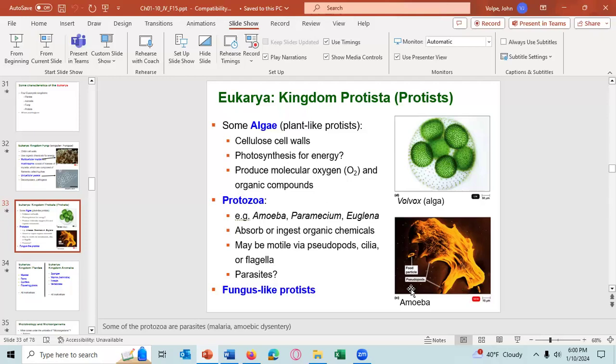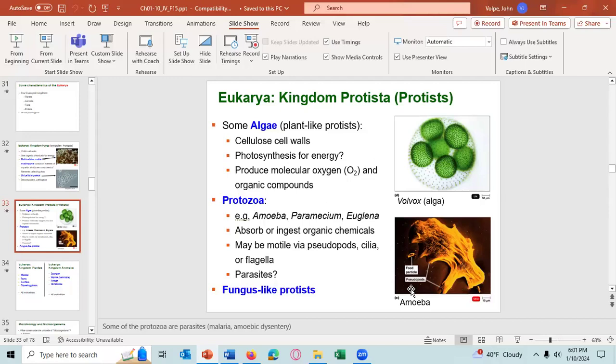The protozoa are the animal-like protists, and they can move. Actually, some of the algae can move too, but there are the protozoa: the amoeba, the paramecium, the euglena. The euglena has a flagella to move by. The paramecium have cilia to move by.